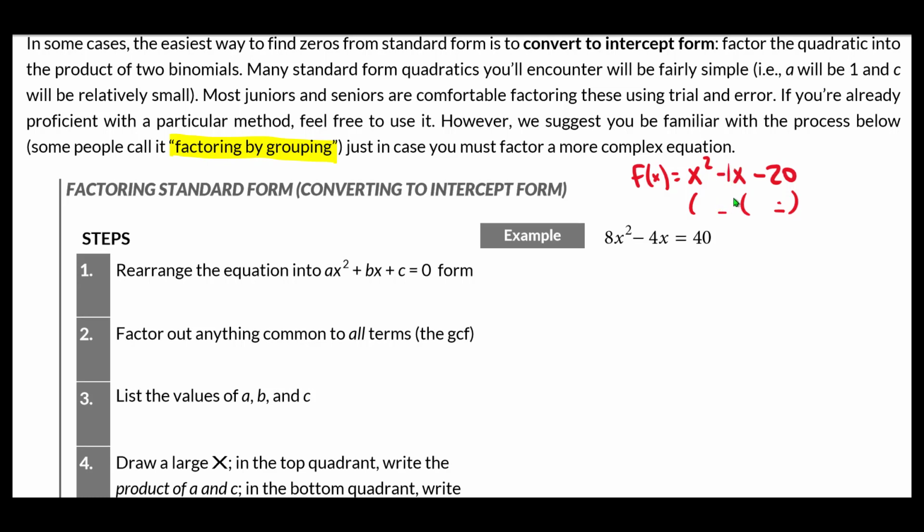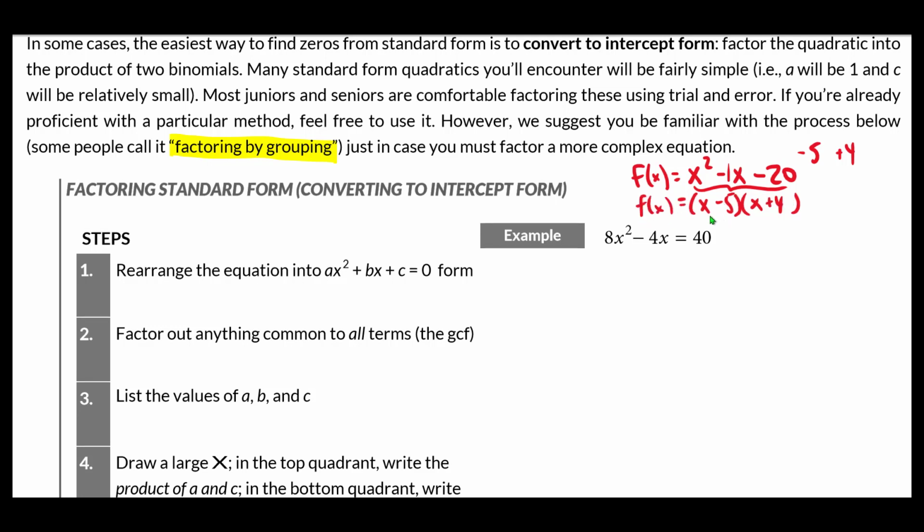And of course, the factors of 20 that will produce a 1 or a negative 1 will be 5 and 4. We need to produce a negative 20, so one of these has to be negative, one has to be positive. In order to get that negative 1, we're clearly looking at the case where we have negative 5 and positive 4. And indeed, x minus 5, x plus 4 is what this standard form quadratic factors into.